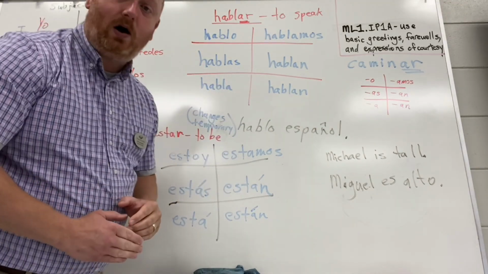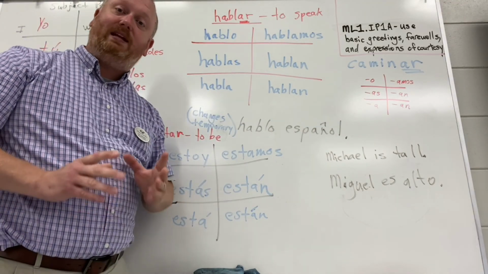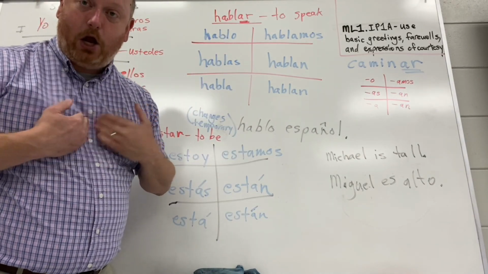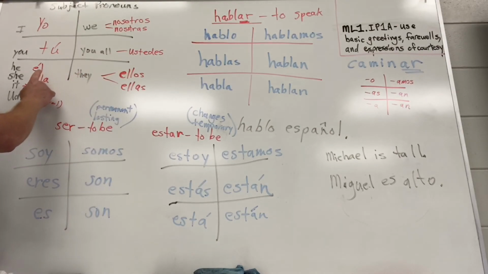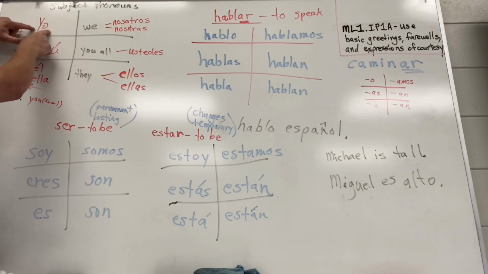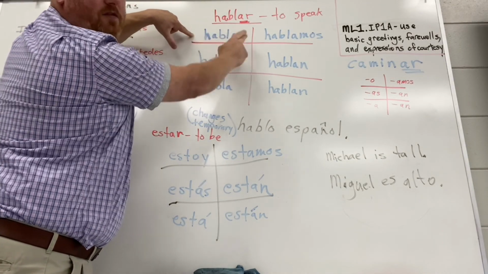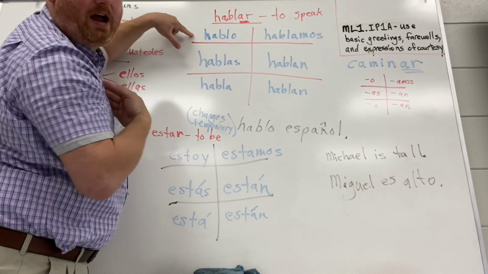So I know automatically in Spanish if a verb ends in an O, that it is I, yo. Just like over here when we looked at the pronouns, the very first form was yo, I. Likewise, this spot on this verb chart is for the yo form, the I form.